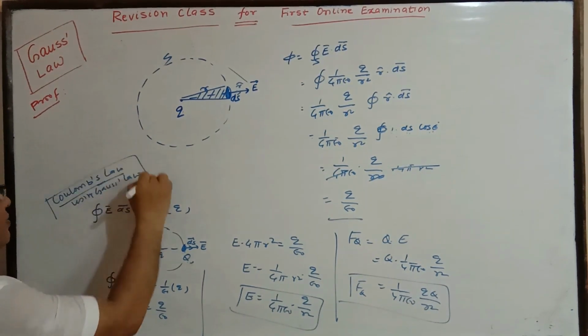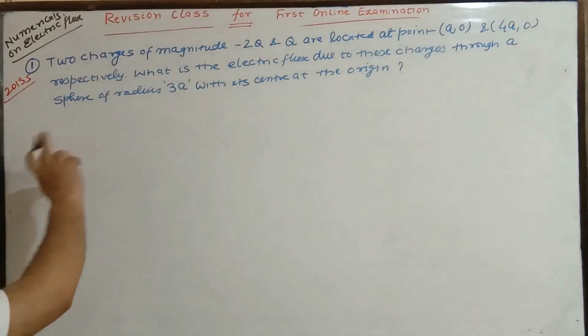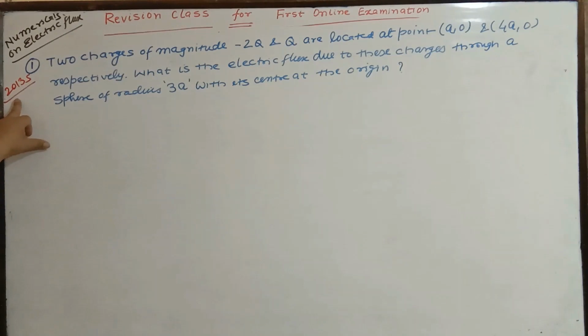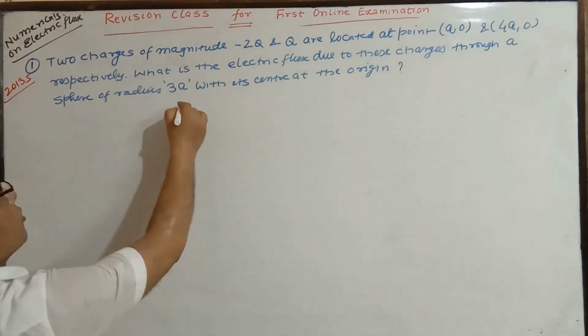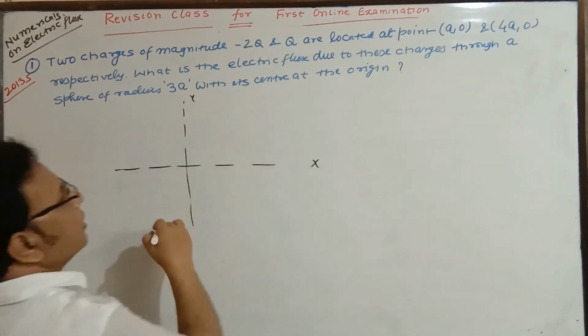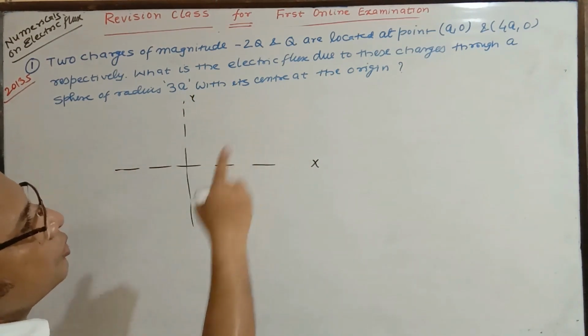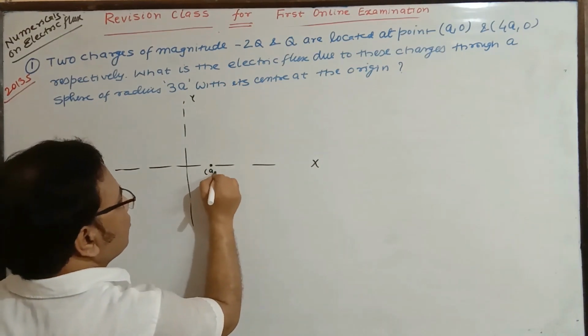So if you are asked to show it, then you can show it in this way. Now the question I had given as an assignment, and this was from 2013: two charges of magnitude minus 2q and q, located at points (a, 0) and (4a, 0) respectively. Suppose this is the xy axis. The first charge, minus 2q, is at x equal to a and y equal to 0.